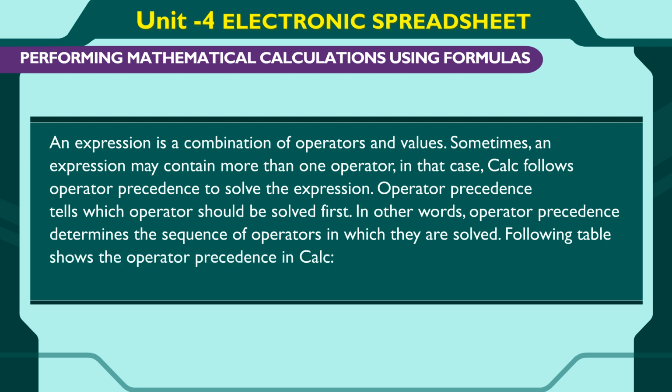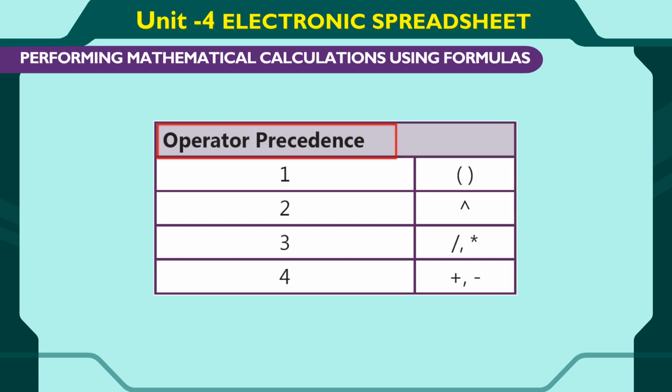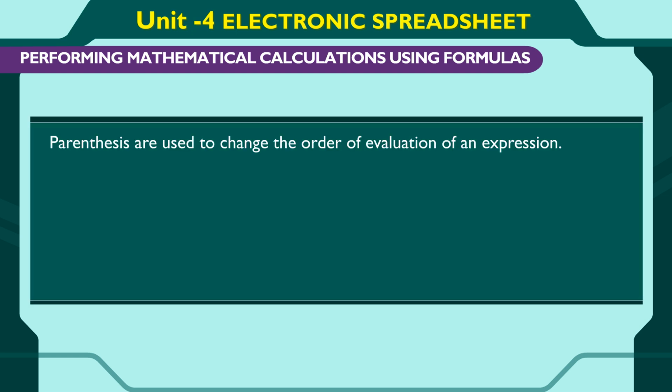The following table shows the operator precedence in Calc. 1. Bracket. 2. Exponentiation. 3. Division and multiplication. 4. Addition and subtraction. Parentheses are used to change the order of evaluation of an expression.